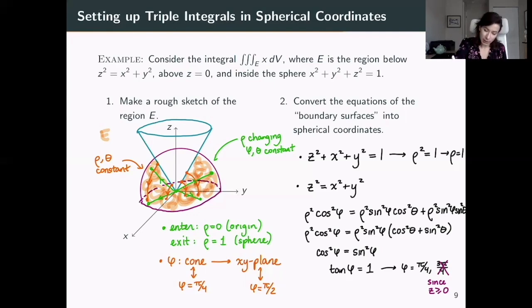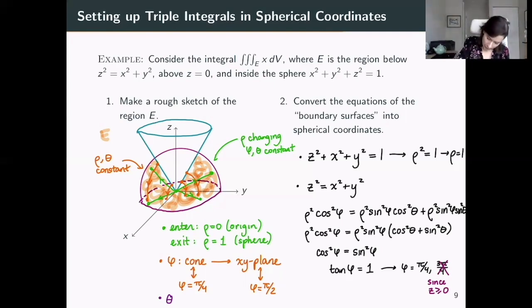Lastly, we need to figure out what is happening with our angle theta. Remember that theta is the angle from the x-axis. In this case, we can see that we're taking all of these arches and radii out for all different values of theta.